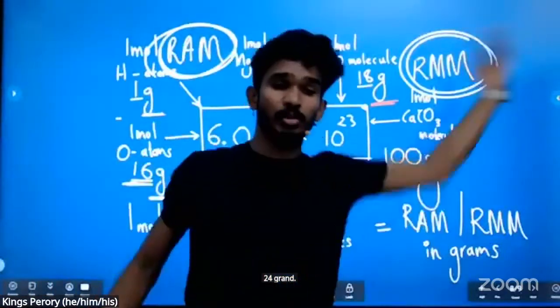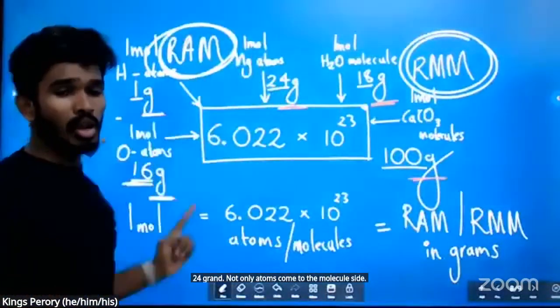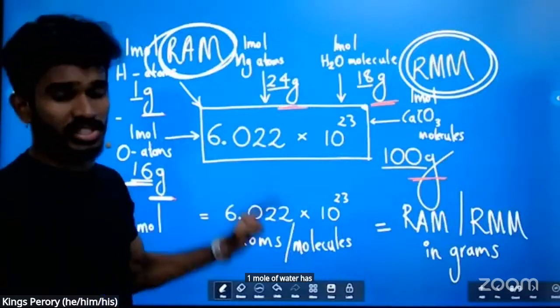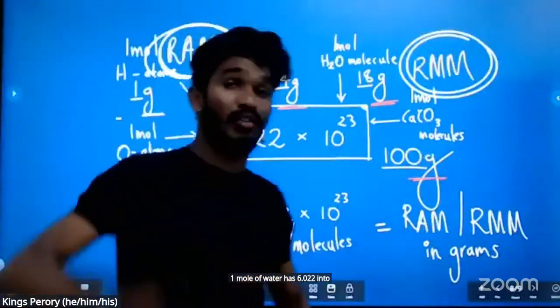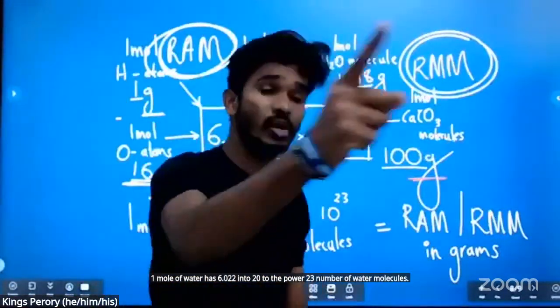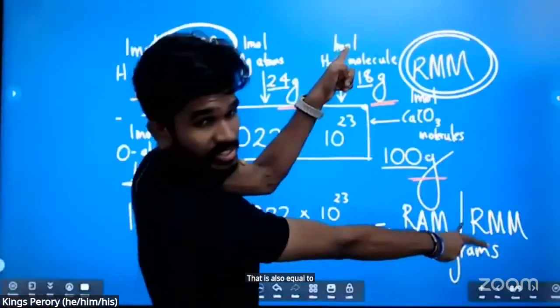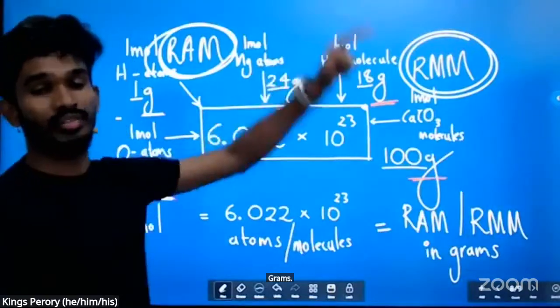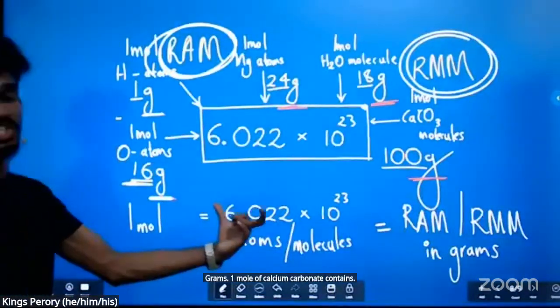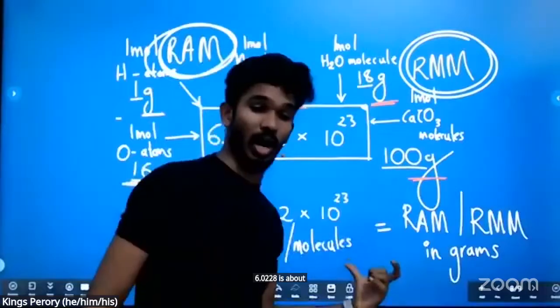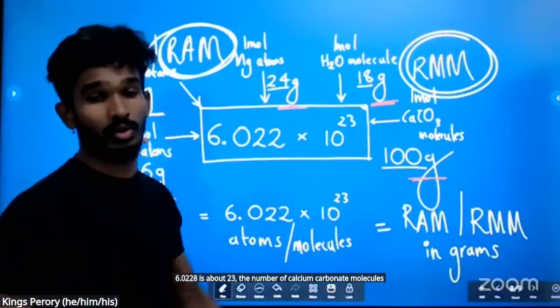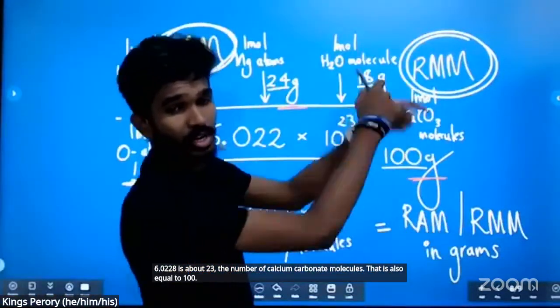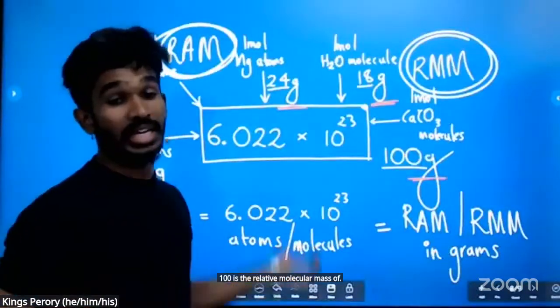Not only atoms, come to the molecule side. 1 mole of water has 6.022 into 10 to the power 23 water molecules. That is also equal to 18, the relative molecular mass, in grams. 1 mole of calcium carbonate contains 6.022 into 10 to the power 23 calcium carbonate molecules. That is also equal to 100, the relative molecular mass of calcium carbonate, in grams.